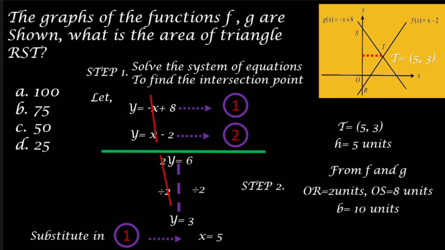Why? Because here the y-intercept up is 8 units, and the y-intercept down is negative 2. So we can find the base: 8 plus 2 equals 10 units. And the height equals 5 units.